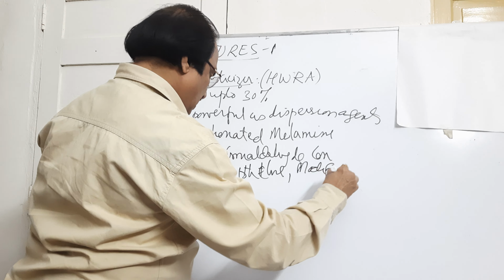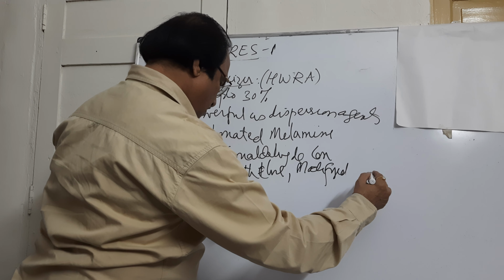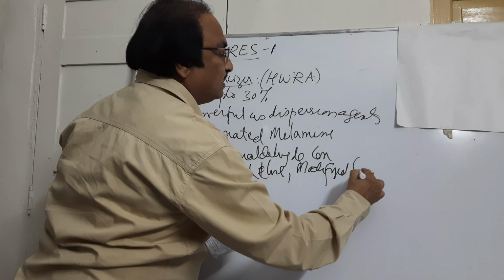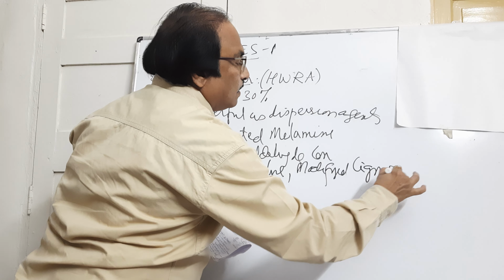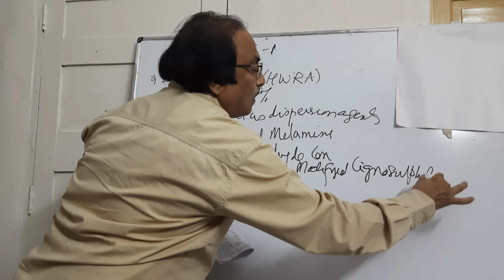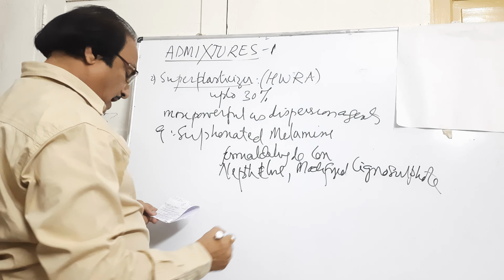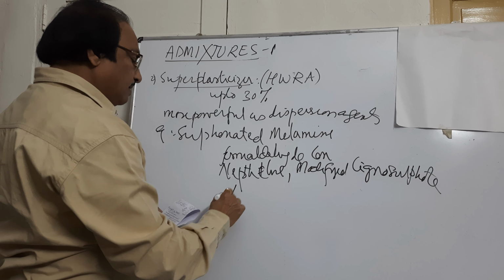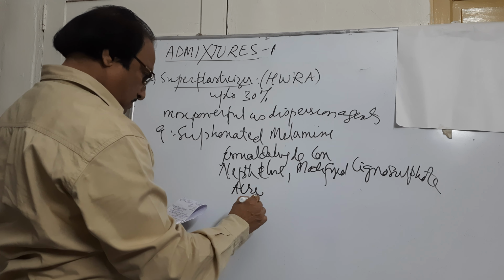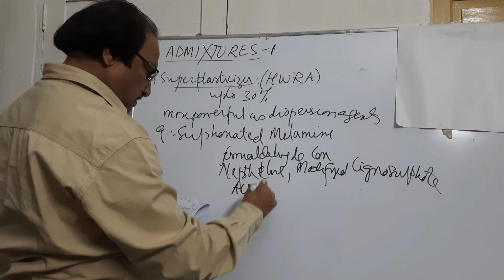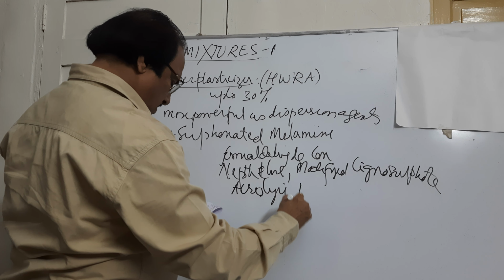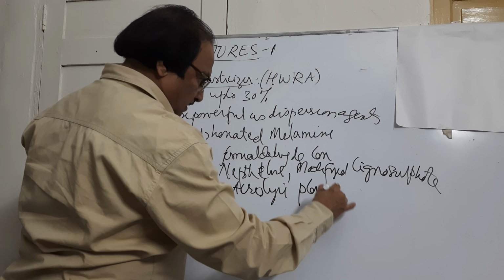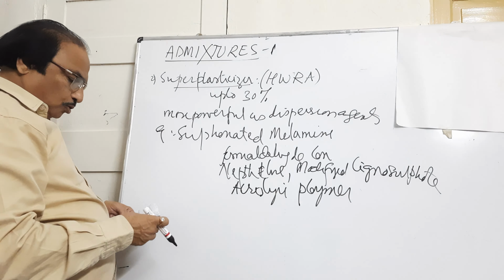These are the names you will have to remember. Modified polymer lignosulfonate, and we also use acrylic polymer. So these are some of the examples of the superplasticizer.